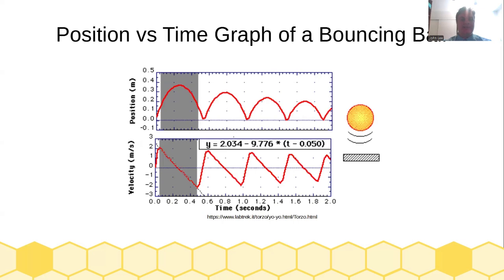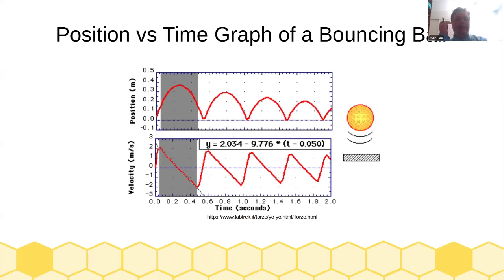Using a pretty standard experimental setup with a motion detector which detects the height of a ball as it bounces up and down and its velocity as it bounces up and down, you can actually prove that this value of g is what Galileo said it was and that it is constant. For example, looking at these graphs, you can see that the position versus time graph is parabolic, which is what we expect from a constant acceleration.